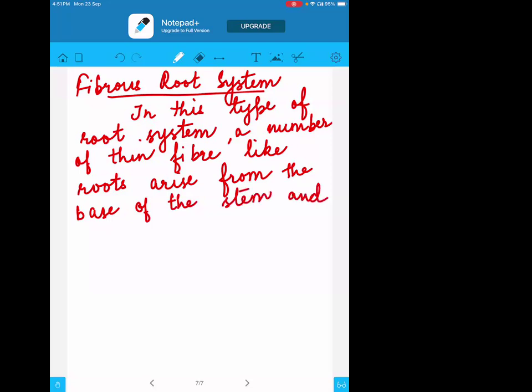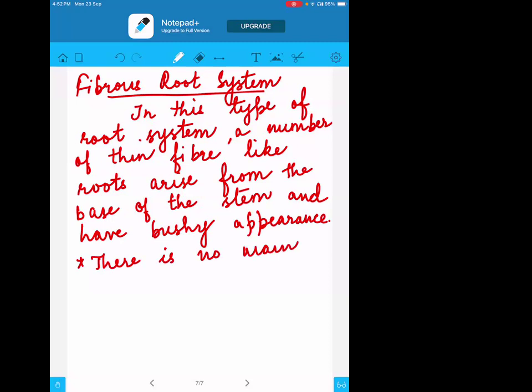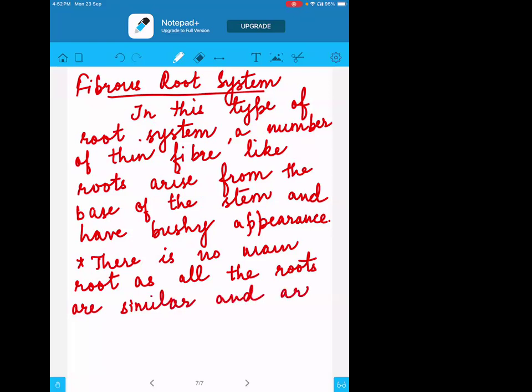And since so many roots come together, they will look bushy. So that is why they have a bushy appearance. And there is no main root, as all the roots are similar and are called fibrous roots.